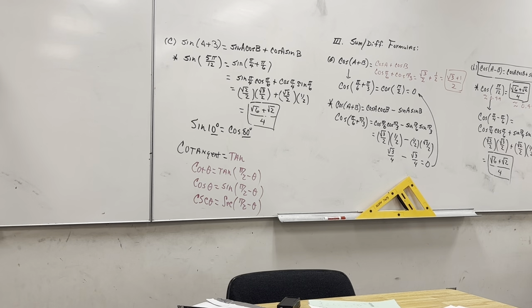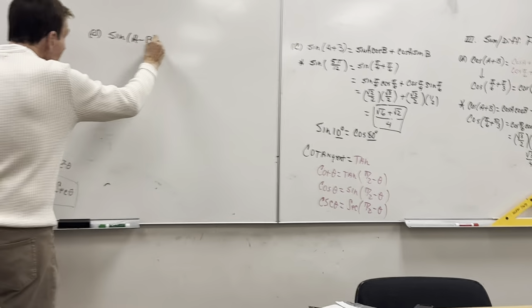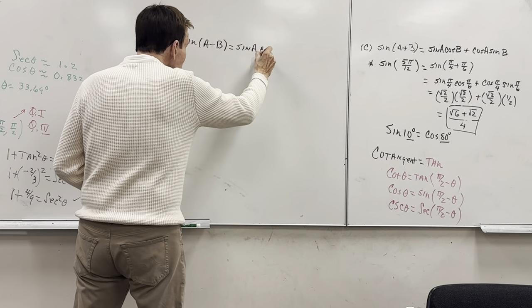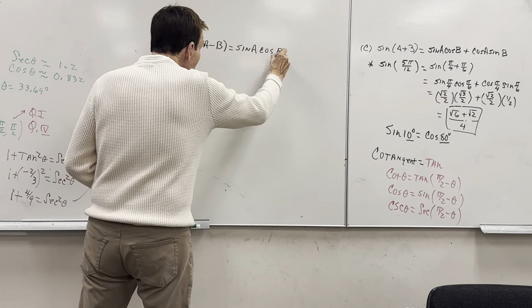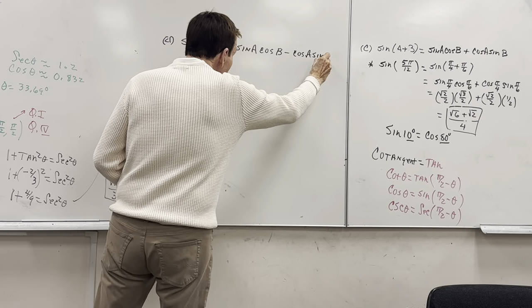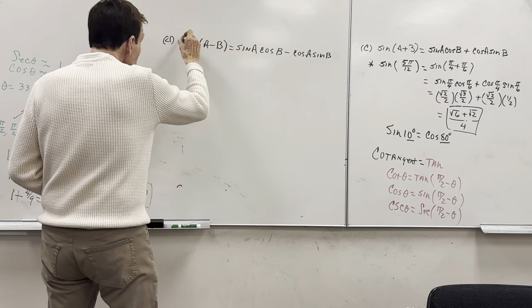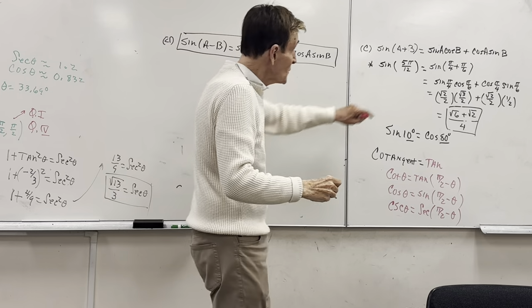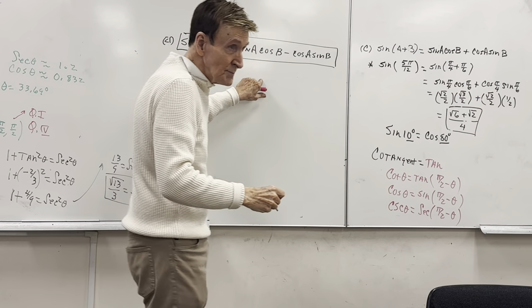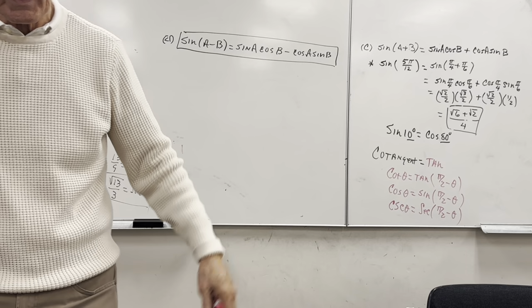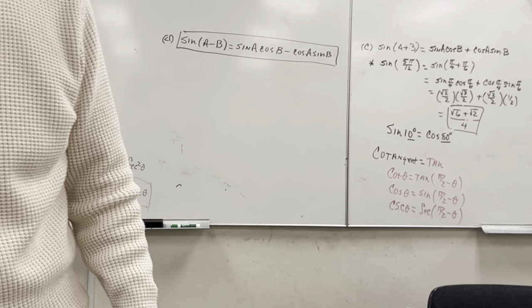Sine of A minus B equals sine A cosine B minus cosine A sine B. Look at this, the sign in front of it. There you go. So if you know one, you'll know this one. So they're easily memorized. Okay, guys, and you could apply this also on the unit circle.